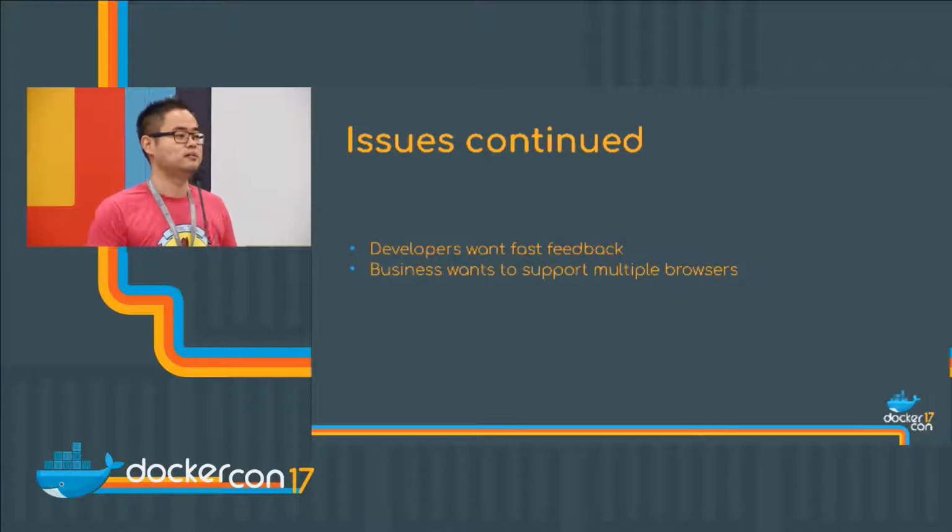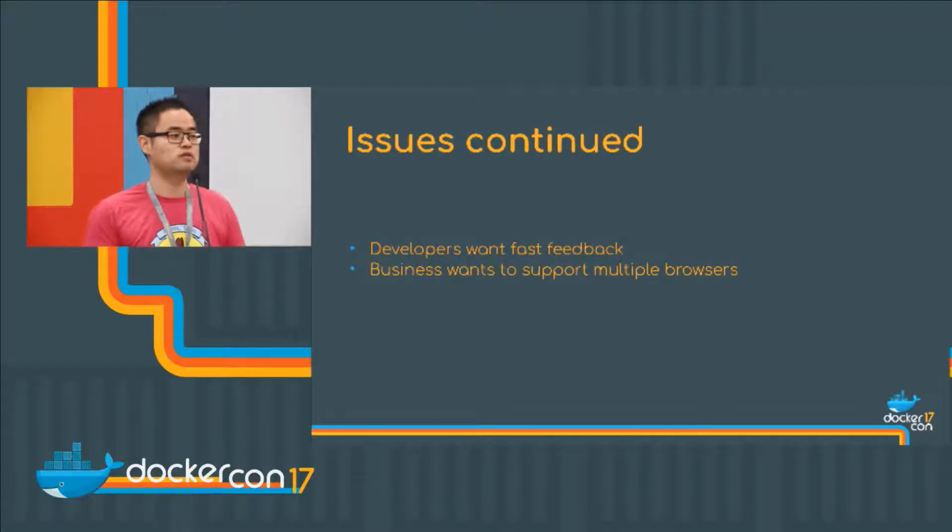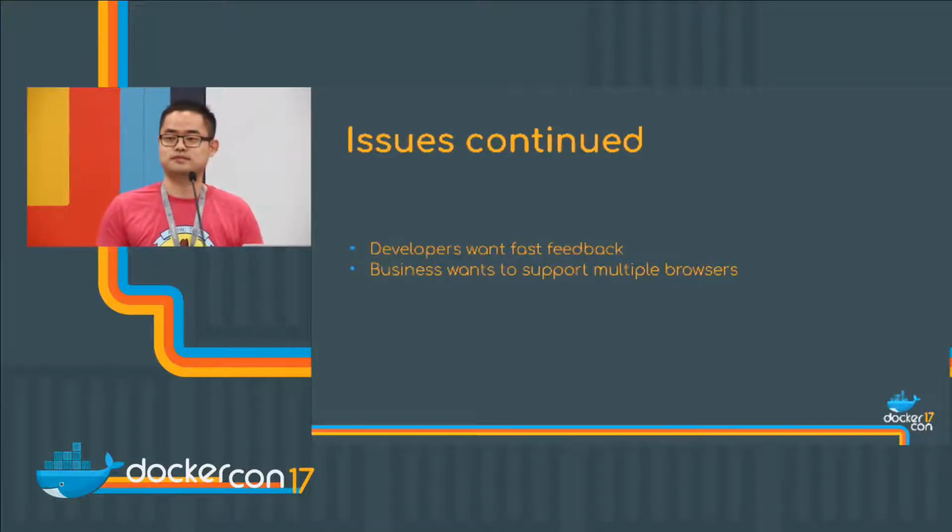And last, business always wants applications to support multiple browsers or multiple versions, which means I cannot avoid cross-browser testing. So to tackle all these issues, I need a remote browser platform. It has to support multiple browsers, as well as parallel testing. So with all these requirements, I started to explore my options.